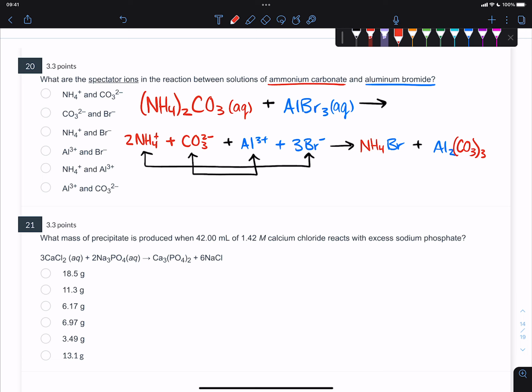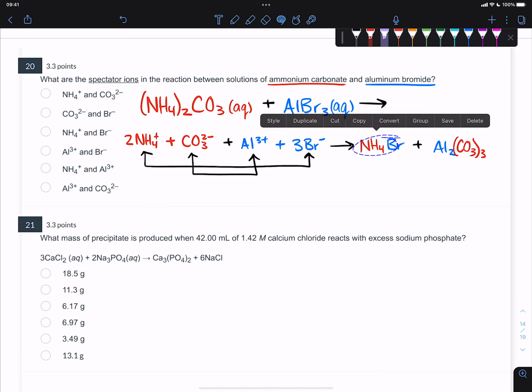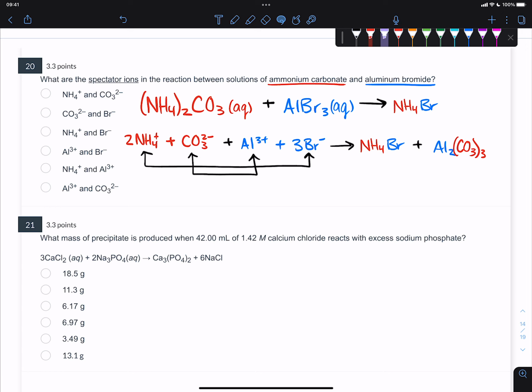All right. Now, in terms of balancing, you always want to make sure you have your charges balanced. I'm going to duplicate these, that way you can see what's going on with them. Remember that for these types of equations, one of them might be the precipitate, and one of them might not be the precipitate. You've got to look at your solubility rules.